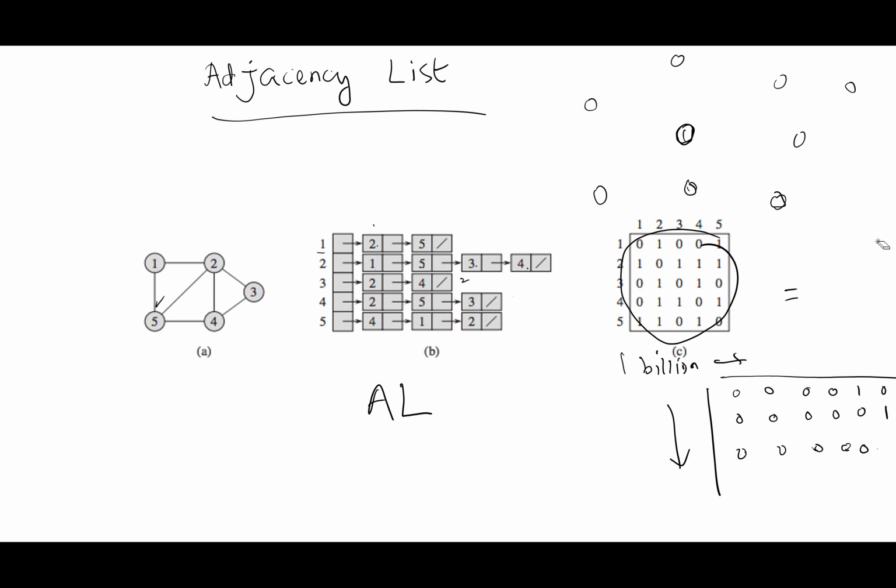Using a data structure that we already know, suppose we already know hash tables, right? An adjacency list might be stored with each entry as node information and a list of neighbors.